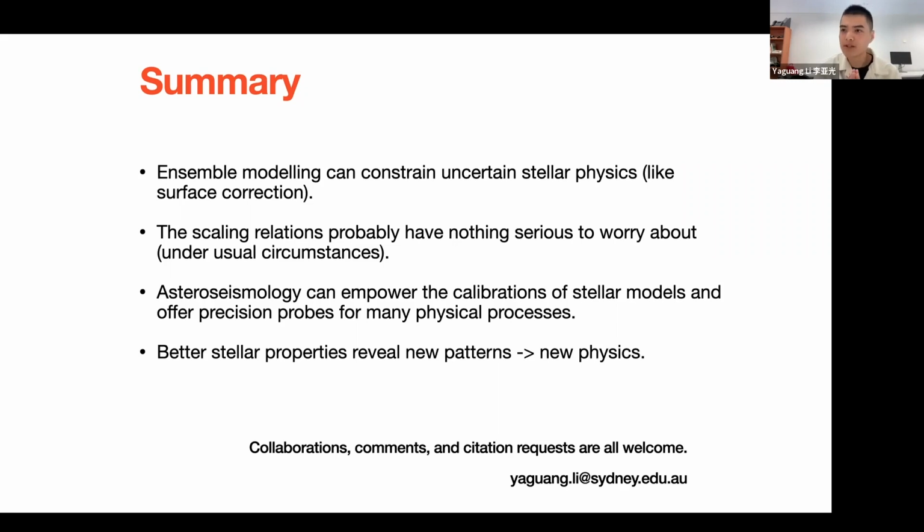Astroseismology can really empower the calibration of stellar models and offer precision probes for many physical processes. And finally, better stellar properties benefit everyone. Everyone loves better stellar properties, and better stellar properties will reveal new patterns, and in many cases, that means new physics. Okay, thank you.